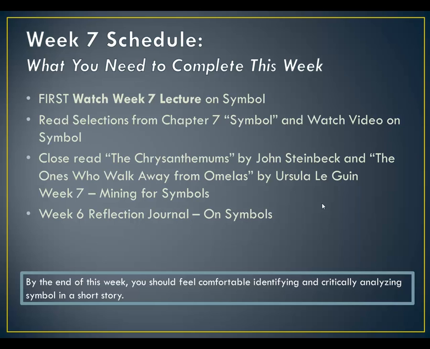Then I'd like you to close read the 2 short stories, The Chrysanthemums by John Steinbeck and The Ones Who Walk Away from Omelas by Ursula Le Guin. Then for this week we'll be doing a conversation about mining for symbols, trying to find symbols in writing, and then you'll be doing a reflection journal where you'll be looking at a story and finding symbols in it.